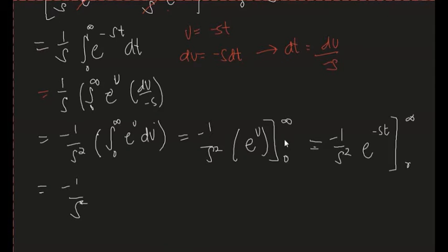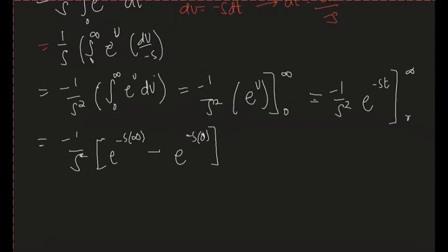So, this will be equal to negative 1 over s squared, multiplied by e raised to negative s, substitute the upper limit which is infinity, minus e raised to negative s multiplied by 0. Okay, so this one will automatically be equal to 0. This will be equal to 1, I mean.